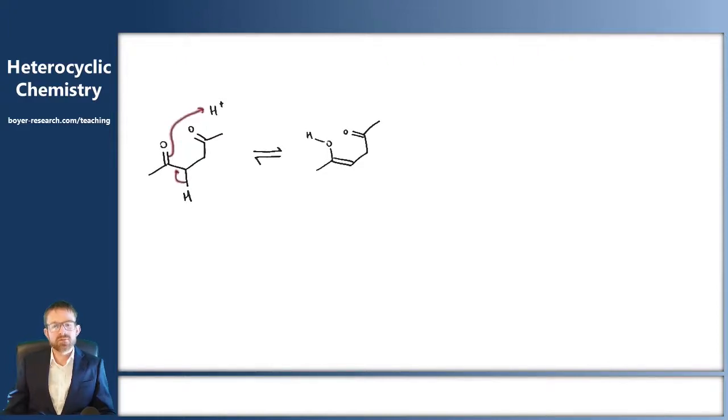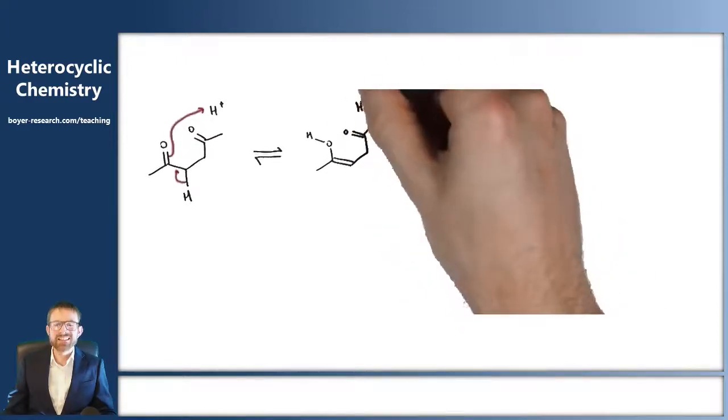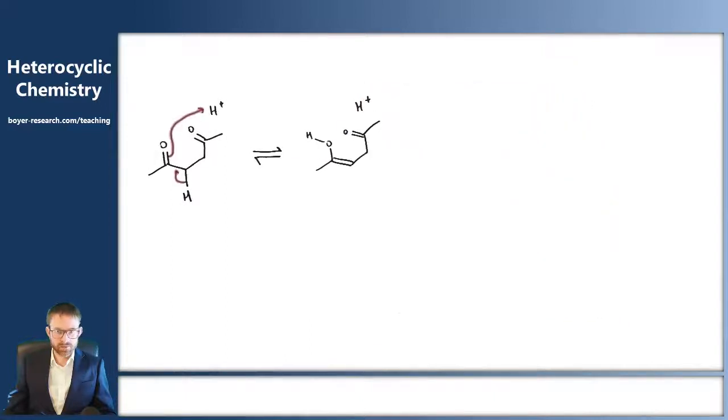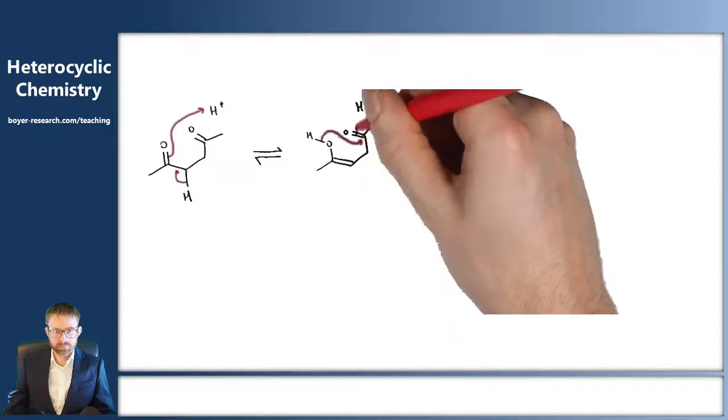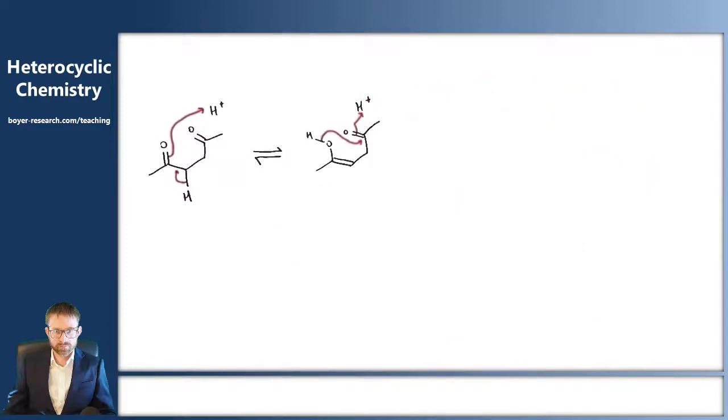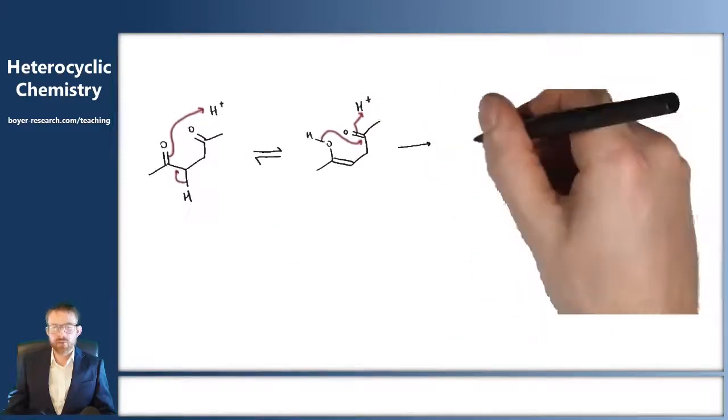And the oxygen atom can attack the carbonyl to make the 5-membered ring.